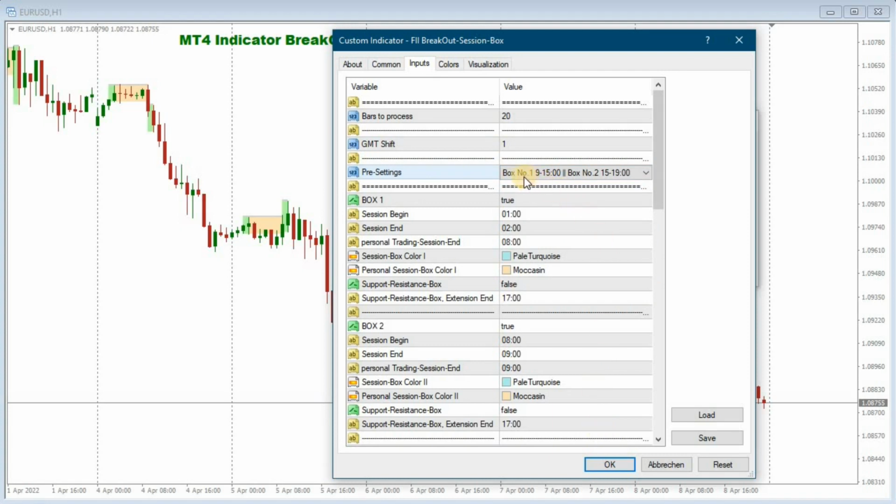Here we come to my favorite settings, the settings I use myself. Only the first two boxes are activated, all other boxes are deactivated, the values cannot be changed, they are fixed. What can be changed is the color and the time shift.